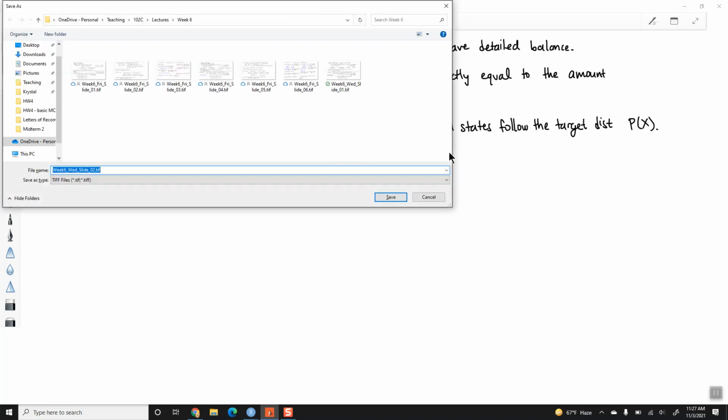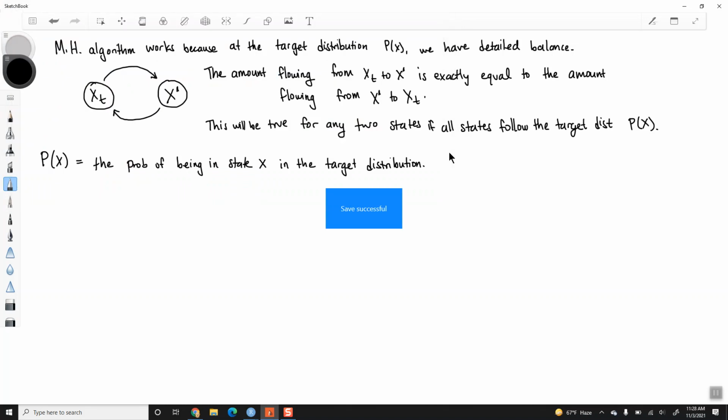And then we have the probability of x prime given xt.